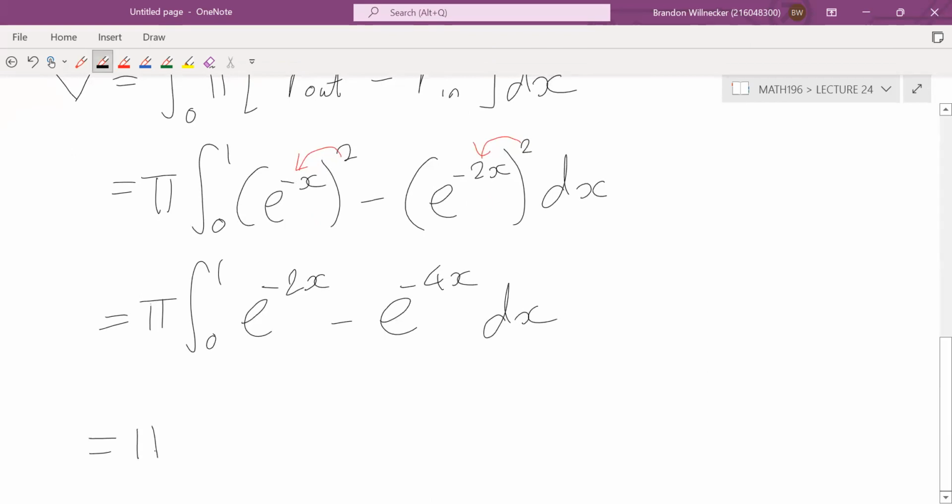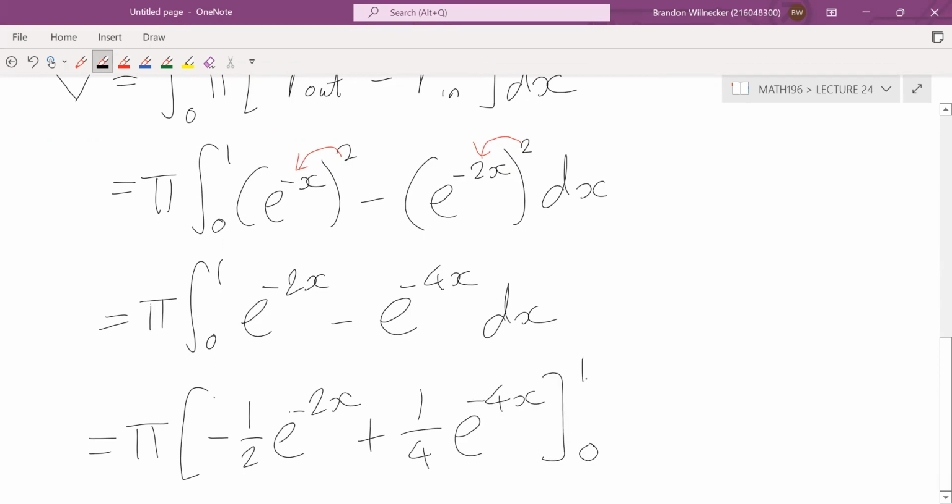So we're going to have pi, integral of e to the minus 2x is going to be minus 1/2 e to the minus 2x. Integral of e to the minus 4x is going to give us plus, because of the minus sign, 1/4 e to the minus 4x, evaluated from 0 to 1.